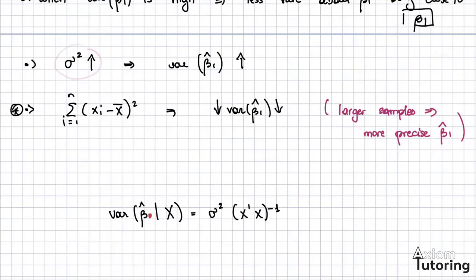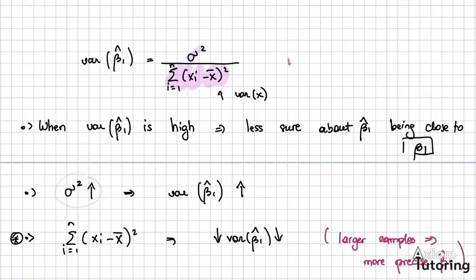But until then, keep in mind that the whole reason why we could get to this formula was because we added the homoscedasticity assumption. If homoscedasticity holds, then this formula and also the formula for the variance of beta null hat will stand. If the homoscedasticity assumption does not hold, you will not be able to get these exact formulas that you have seen here.